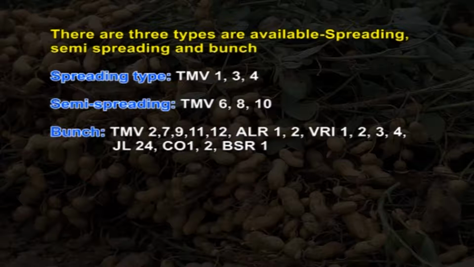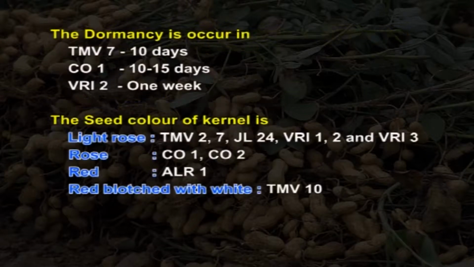Then VRI 1, 2, 3, 4, JL 24, CO1, CO2 and BSR1. Here the dormancy occurs in some of the varieties. For example, TMV7 undergoes dormancy of 10 days, then in CO1 10 to 15 days, then in VRI2 1 week dormancy occurs.